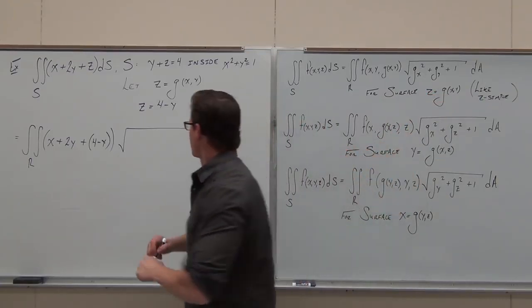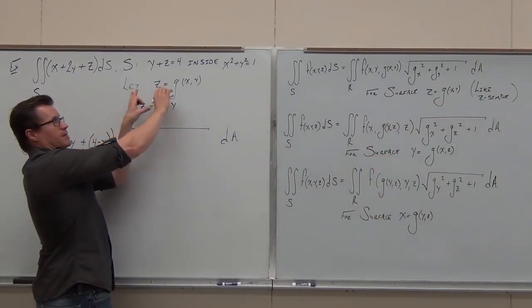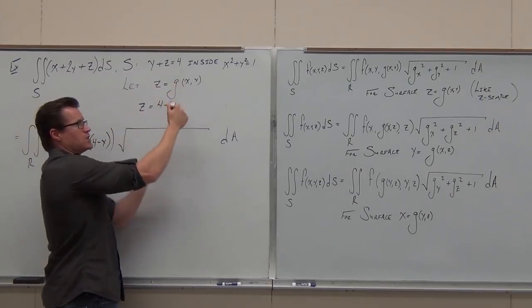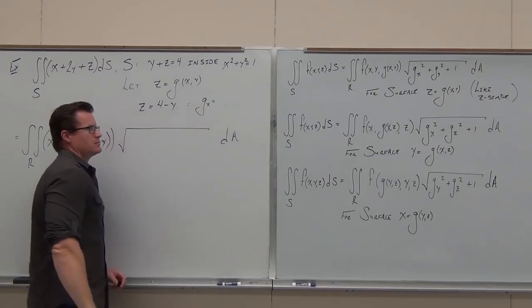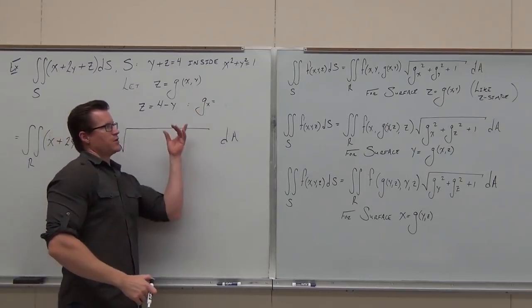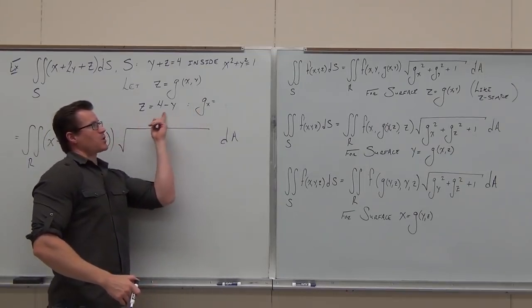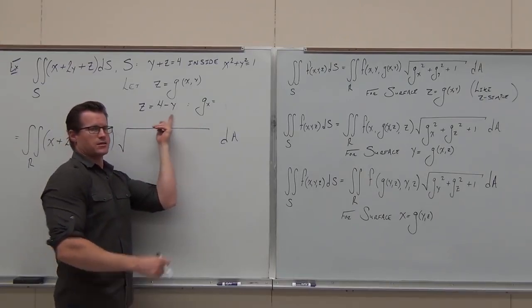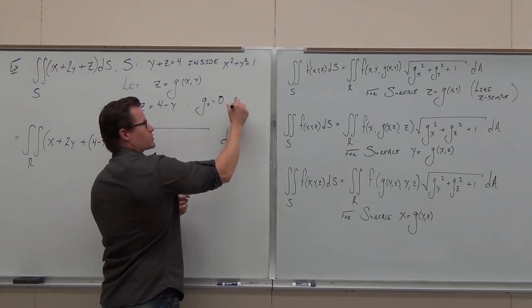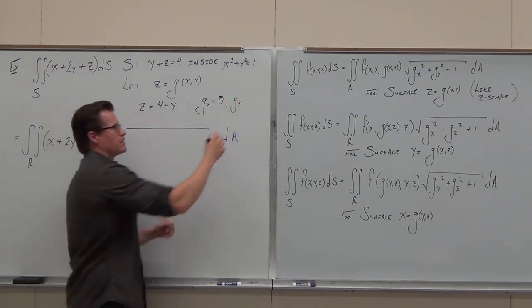So let's do that. If z is the function g, then we should be able to find from this the partial derivative of g with respect to x. Hey, what's the partial derivative? This is g. Partial derivative of g with respect to x? 0. Partial derivative of g with respect to y?